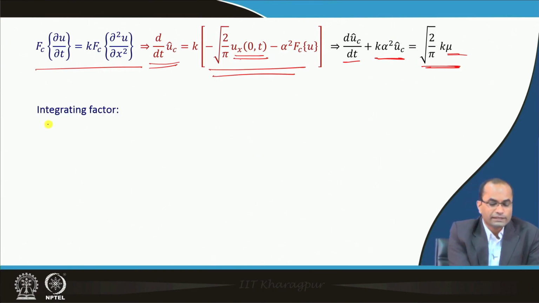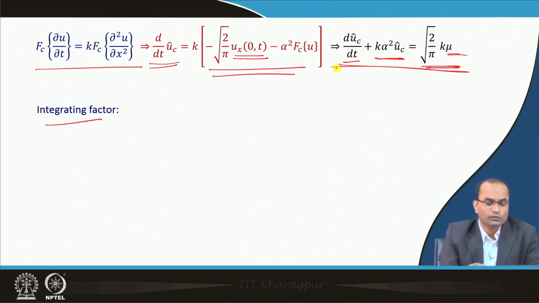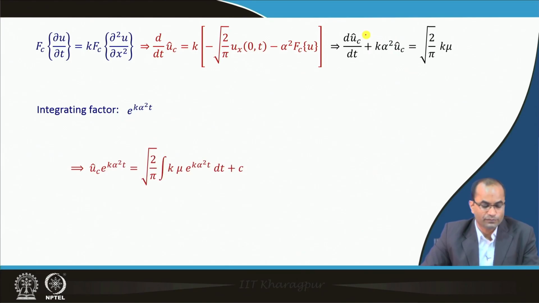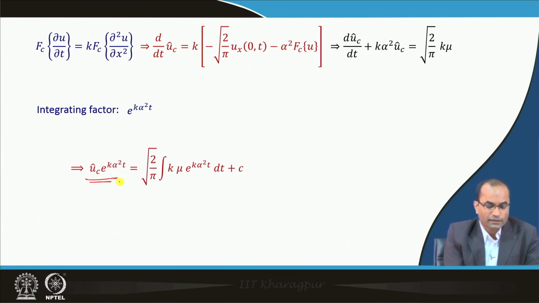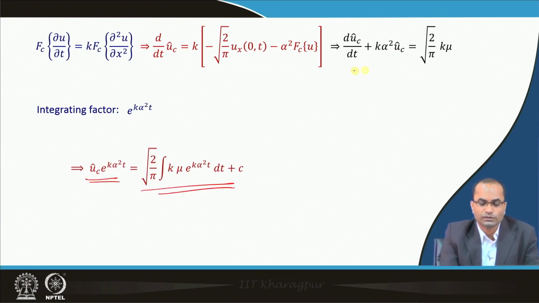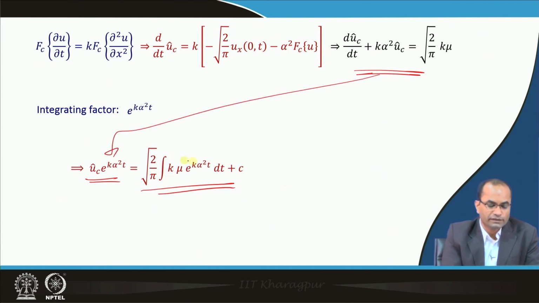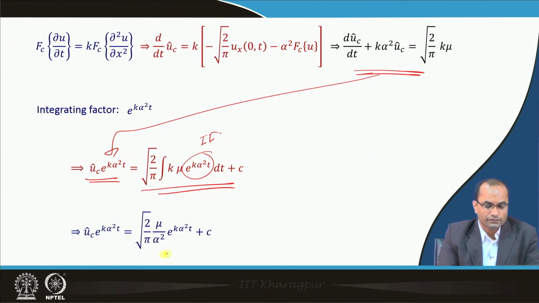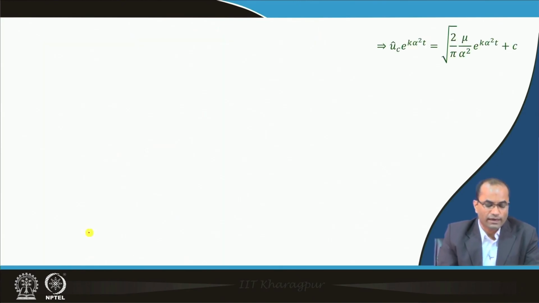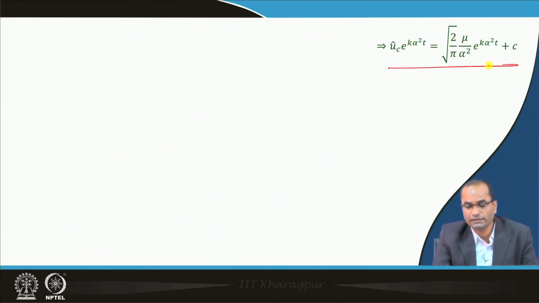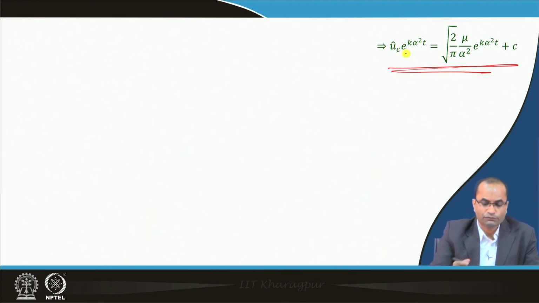So, the integrating factor for this differential equation is e power k alpha square t, again similar to the previous example, where we can now write down its solution in terms of this integrating factor. Here also we have this integrating factor, and then finally we need to evaluate that c. So, having this information of u hat c, and this c is there already.